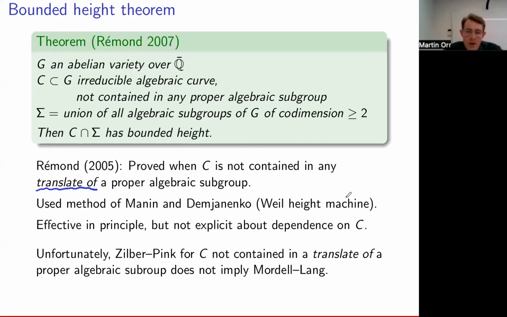And I should say that this restriction to being not contained in a translate of a proper algebraic subgroup is a very serious restriction, in that I originally said the Zilber-Pink conjecture implies Mordell-Lang, but when we impose this condition about not contained in a translate, it no longer implies Mordell-Lang. So we don't get an effective Mordell-Lang theorem out of this.